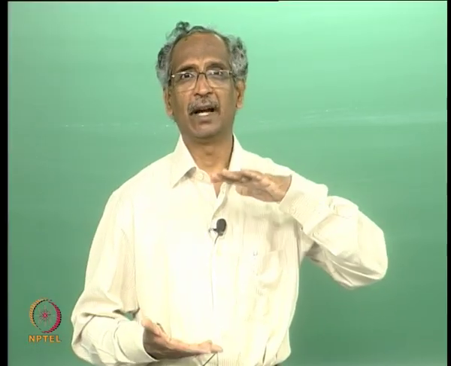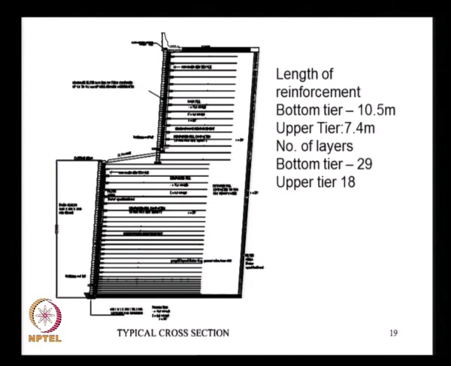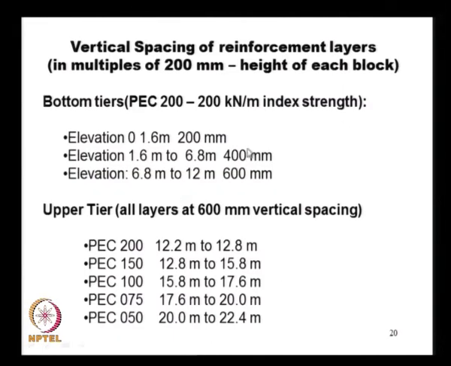So, that means the maximum spacing that we can provide is 600 millimeters. Although the design spacing comes out higher, the maximum vertical spacing was limited to 600 millimeters, and this is how the reinforcement layout was designed.